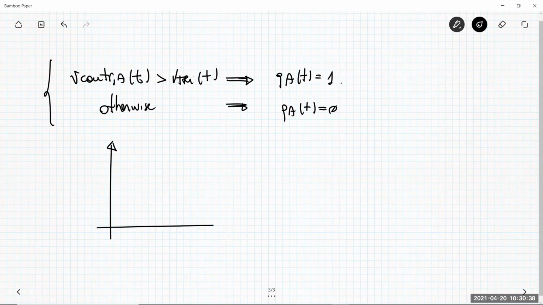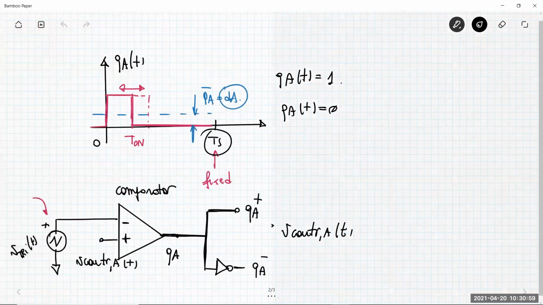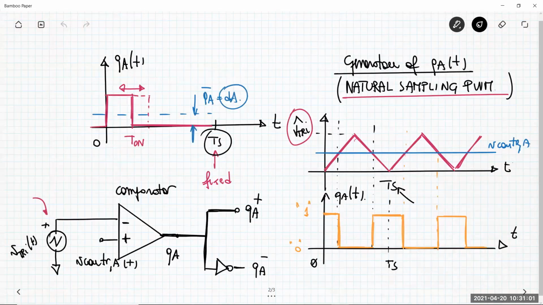Let me put on a plane the duty cycle that is generated by this process versus the control voltage. In our discussion, in order to generate the unitary switching function QA, the control voltage should be included in the dynamic of the triangular voltage.